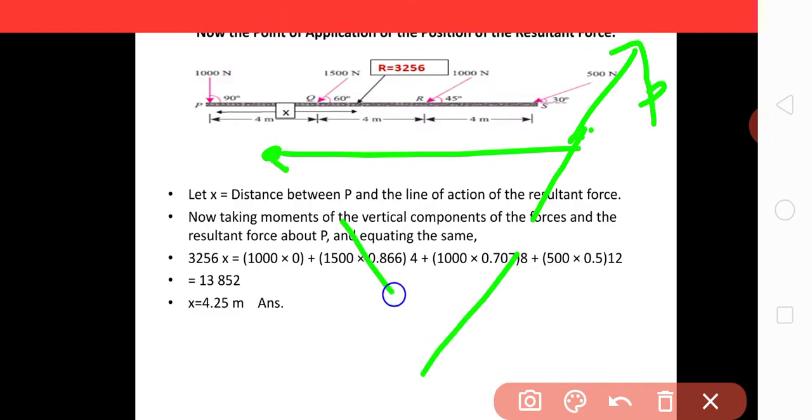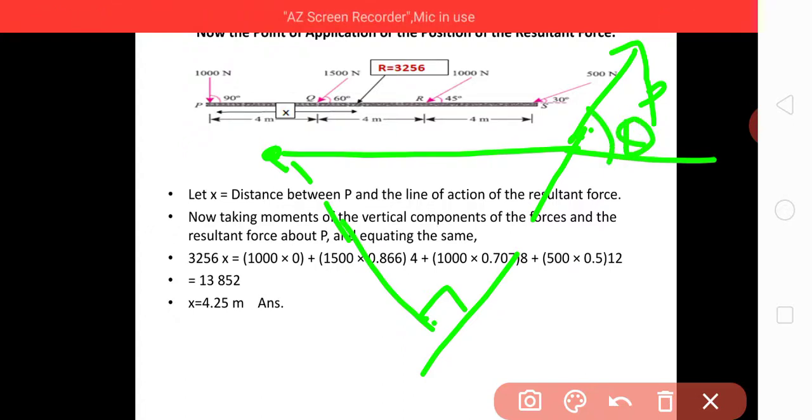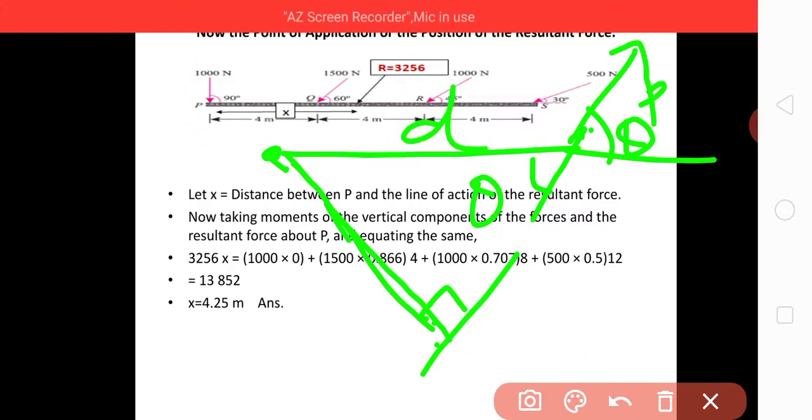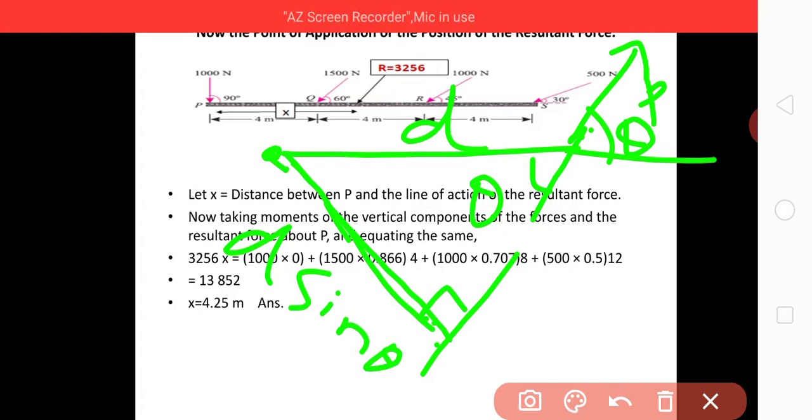We draw a perpendicular on this, then this angle will be theta. It means, this is distance d, then this arm will be d sin theta.